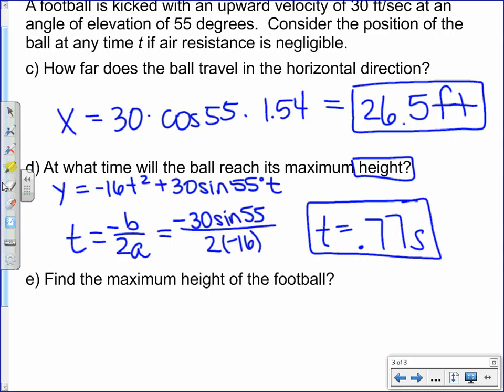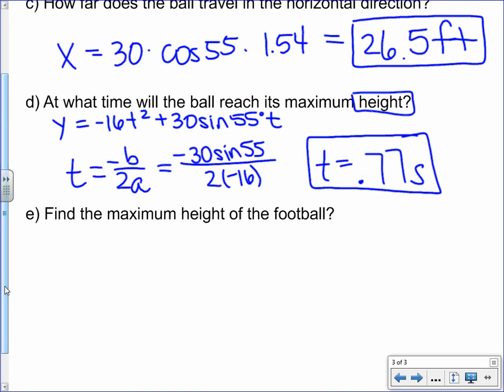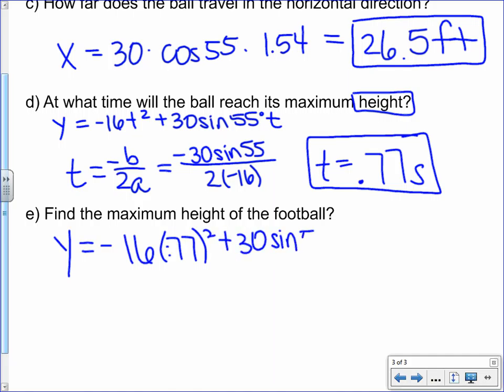Okay? Now, how do we find the maximum height of the football? Okay, this is when it reaches its maximum height. Now let's plug it in to find its maximum height. And if you use the store feature in your calculator or the second answer in your calculator, you can get a more accurate answer.